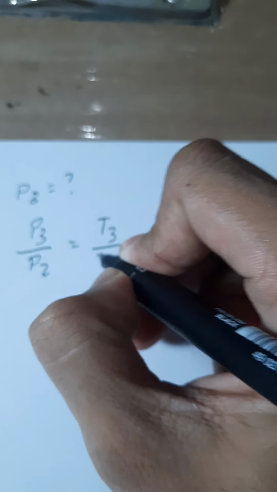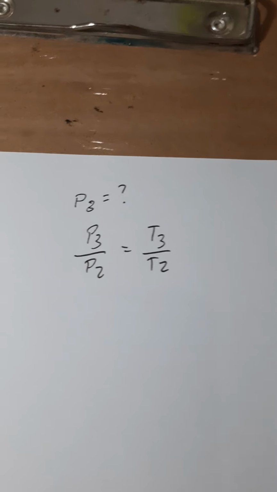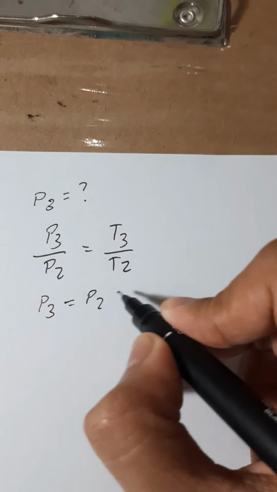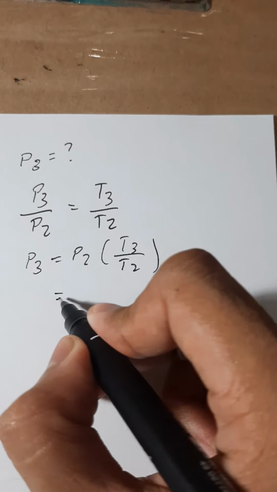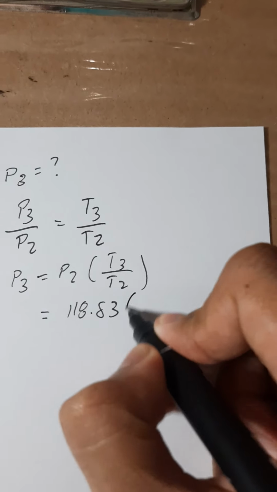P3 over P2 is equals to T3 over T2. Then we just have to substitute the variables. P3 equals P2 T3 over T2. Our pressure 2 is 118.83.